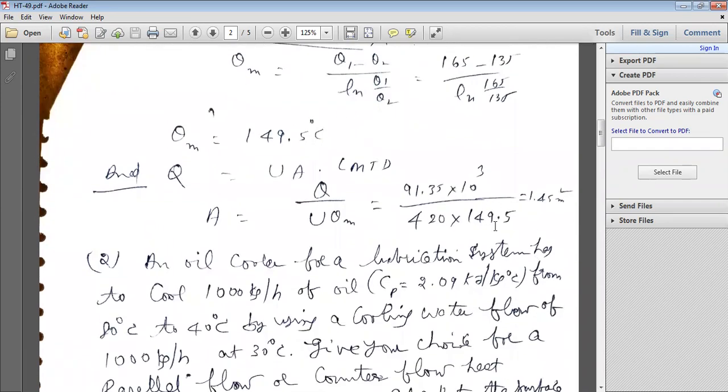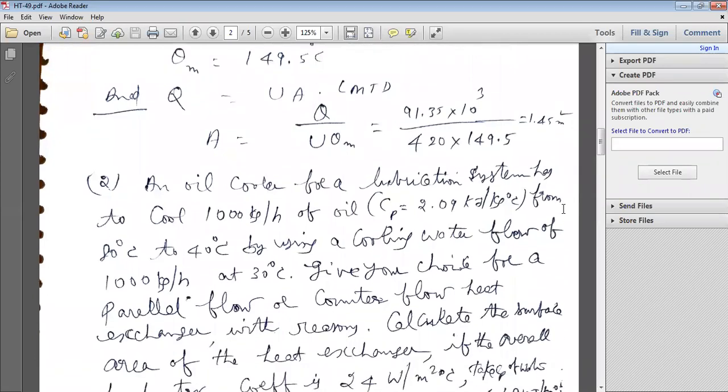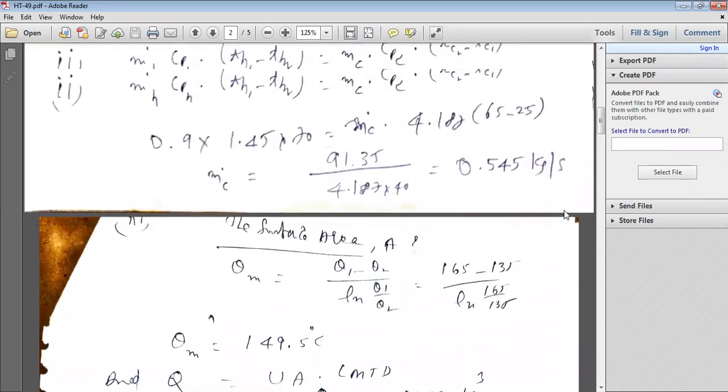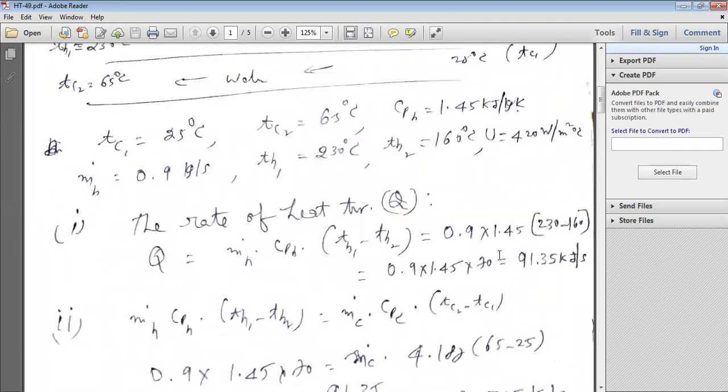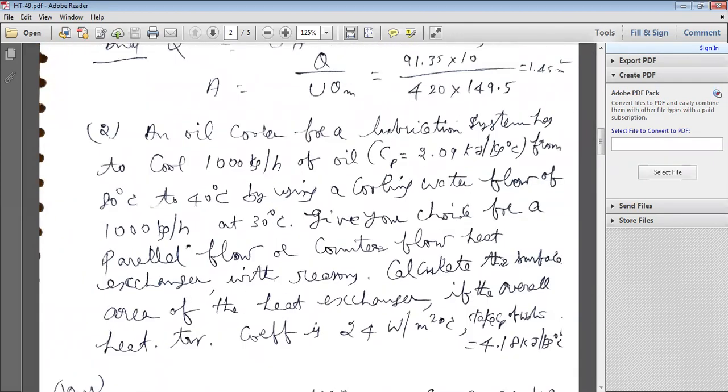From this, if you calculate, you get the area of the heat exchanger as 1.45 meter square. Okay? So the problems are very easy. You may get one problem on this heat exchanger. Very easy. All of you practice the problems.